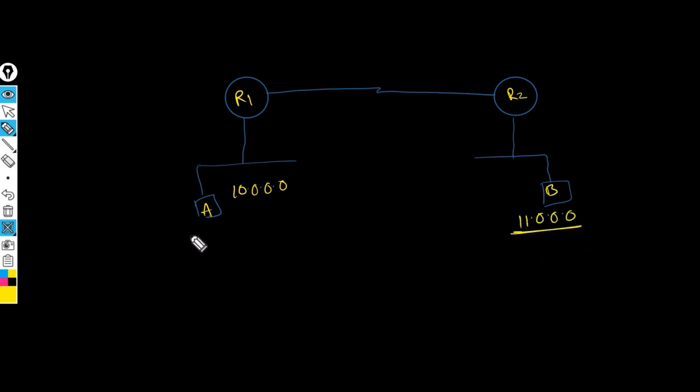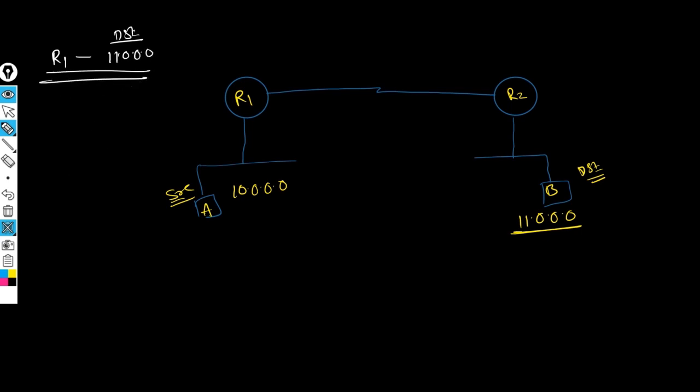Fine. I will consider this as my source and I will consider this as my destination. So for this particular router 1, it has to reach the destination, and the destination is 11.0.0.0. Fine.